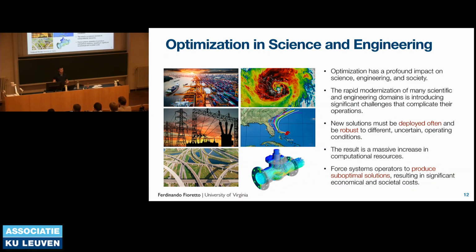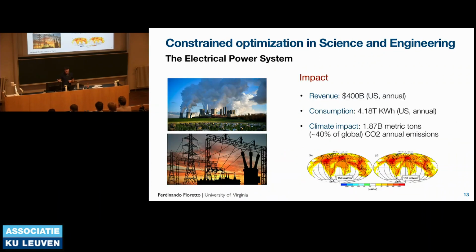And those costs can be measured in terms of economic costs, but also in terms of societal benefits. And so, to give you an example, if you take the electrical power system, this is probably the largest machine built by humankind. In the US alone, there's about $400 billion worth of electricity that is produced and shipped through the production systems. And this is also a massive catalyzer for climate impact.